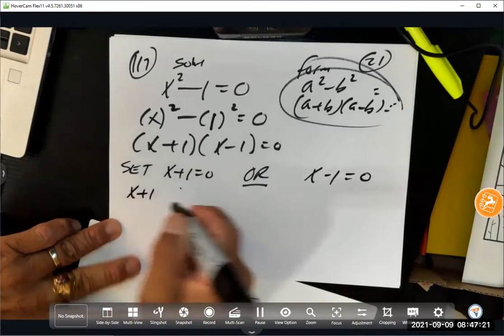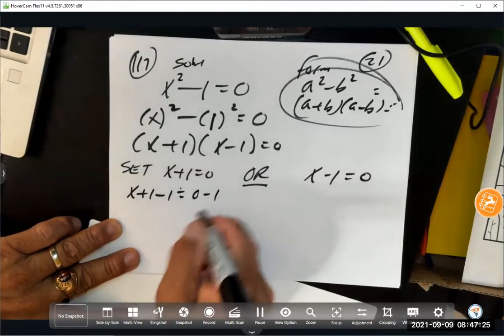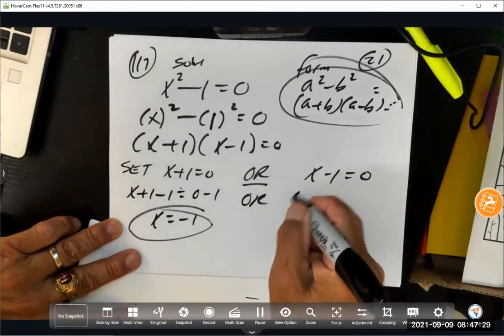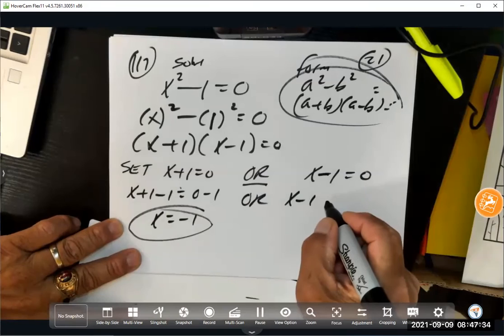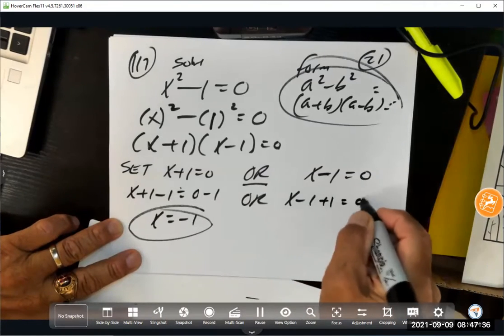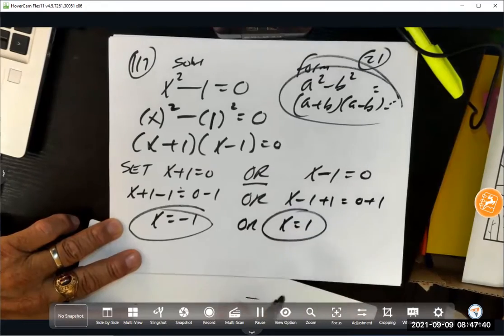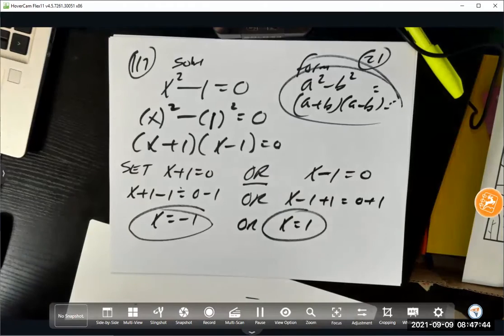X plus 1, what do you do? Subtract 1. Yes, subtract 1. So x is minus 1. Or the second one, x minus 1, what do you do? Add. That one. So negative 1, positive 1. Is that okay for number 117? Yes or no?